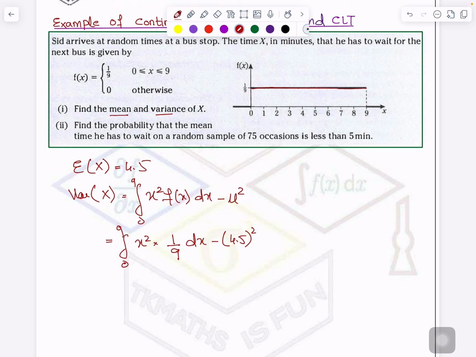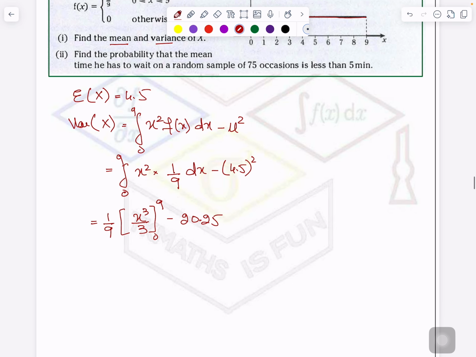Okay, so 1 over 9 can go out, so it will be x cube over 3, from 0 to 9, minus 4.5 square, which is equal to what? 20.25.